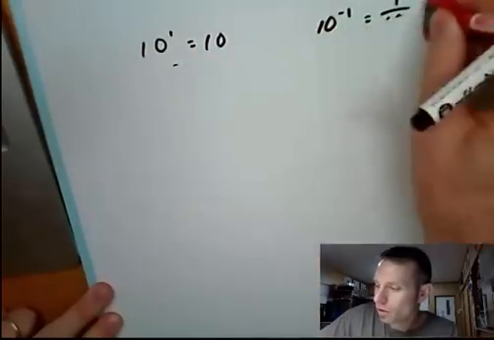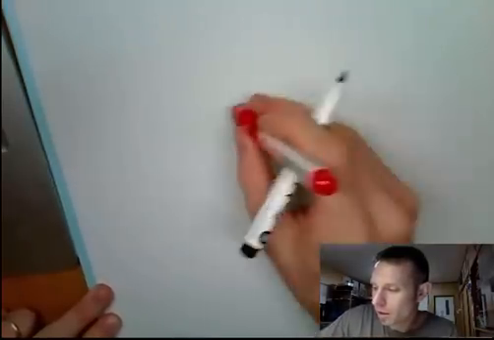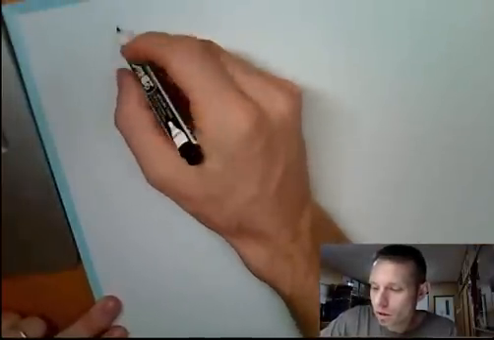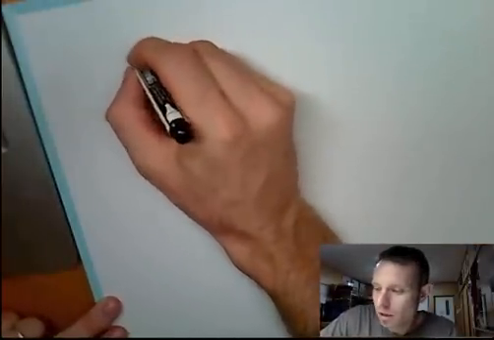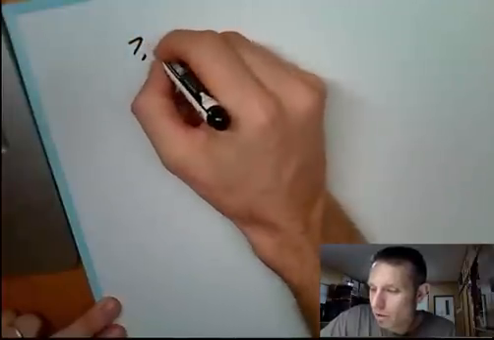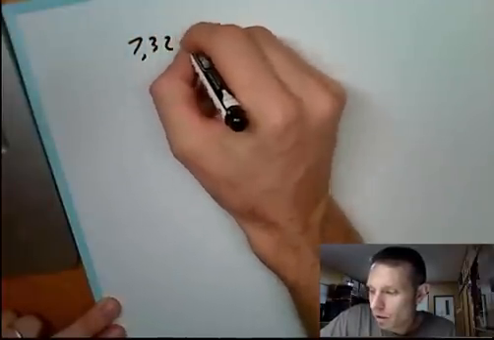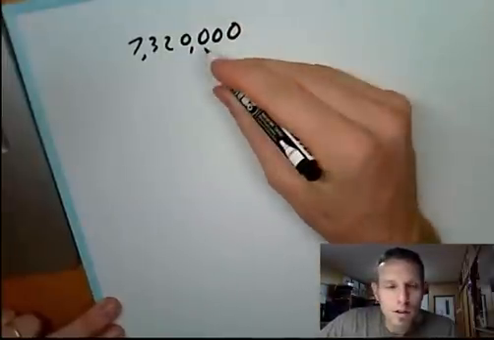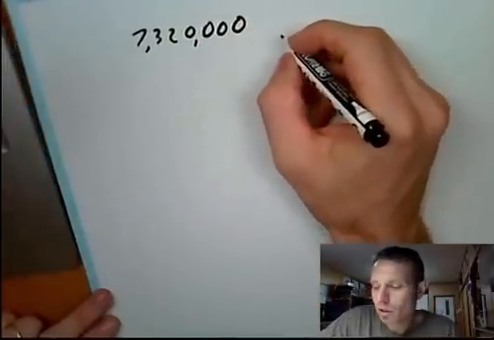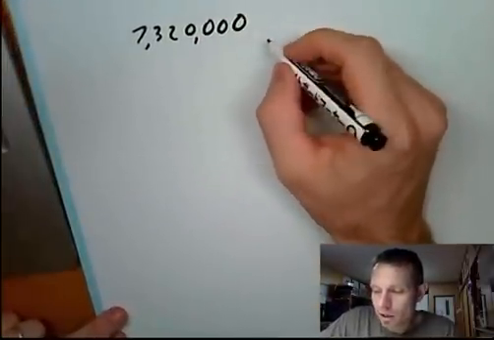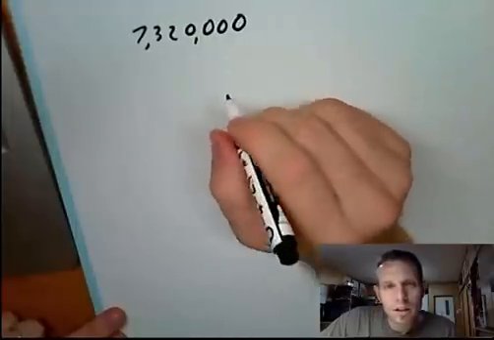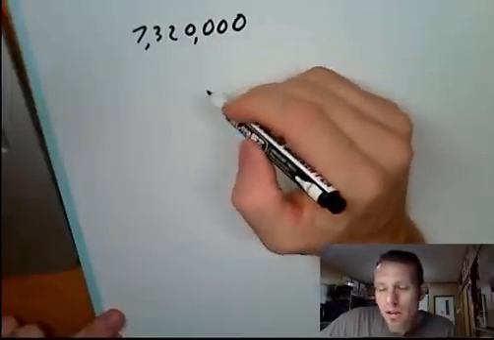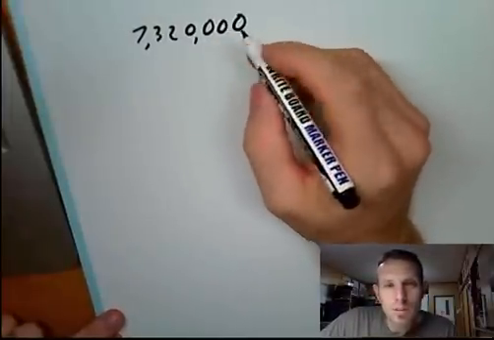In order to convert from standard notation to scientific notation, let's use the example 7,320,000. We're going to change this number into scientific notation, and again, scientific notation is basically a decimal with only one single digit in the ones place.